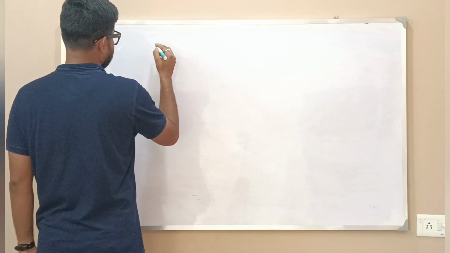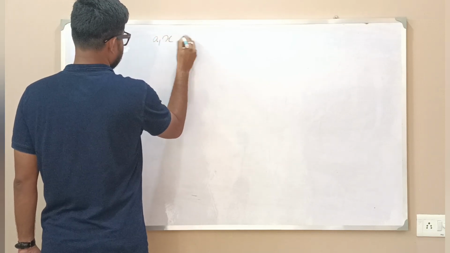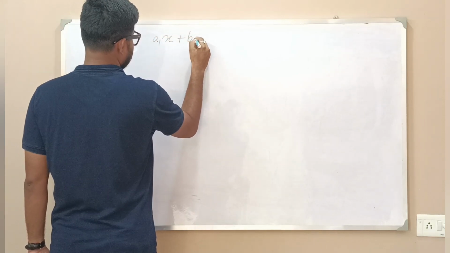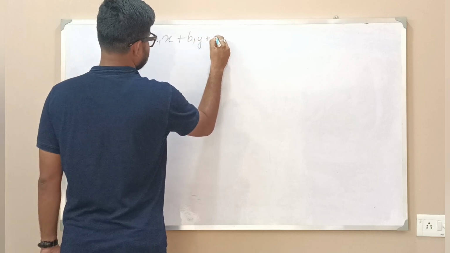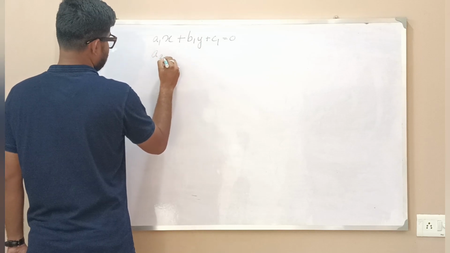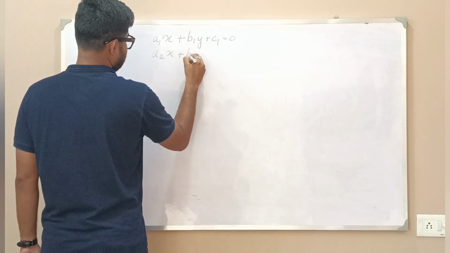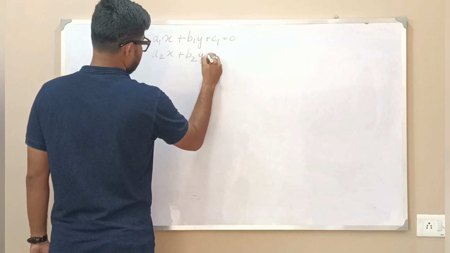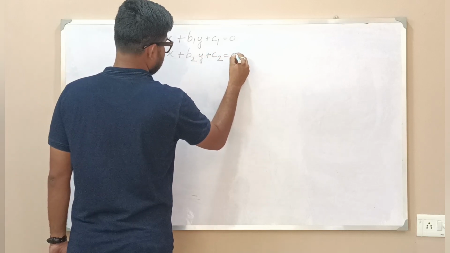Two equations are given to you, a1x plus b1y plus c1 equals to 0, and the other one is a2x plus b2y plus c2 equals to 0.